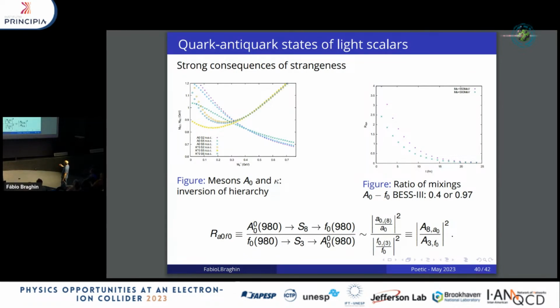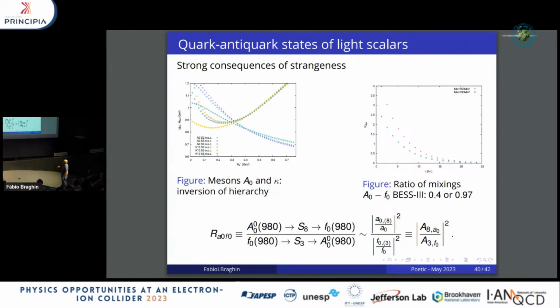Also, I could calculate the ratio of the mixings of A0 and F0. They have basically the same masses, and they have a mixing measured in BESIII. This is the ratio that was measured experimentally.